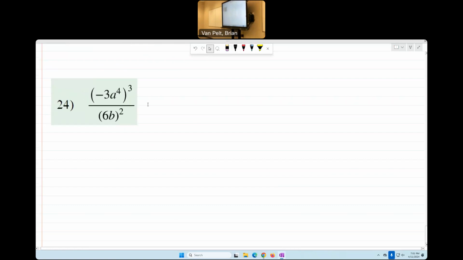Now look at the top of this, and what's going to happen to that negative on the top? It's not even this time, so it's going to stay. You're not going to destroy the negative.